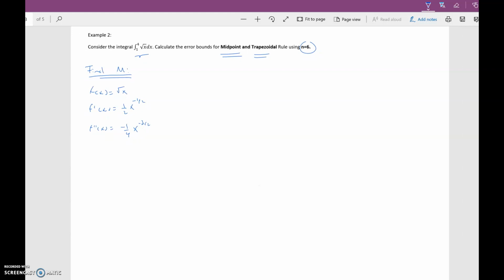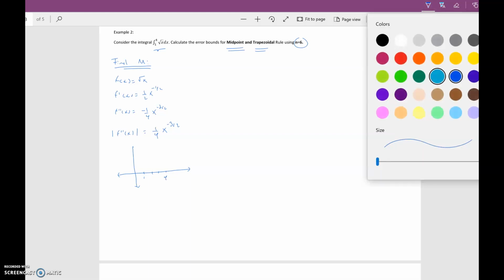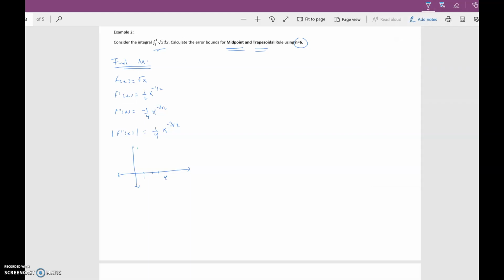Now, they're bounding M as an absolute value. So technically, the absolute value of f double prime of x is equal to 1/4 x to the negative 3/2. And then we're looking at what this function does on 1 to 4. And this particular function is decreasing, going in this direction.